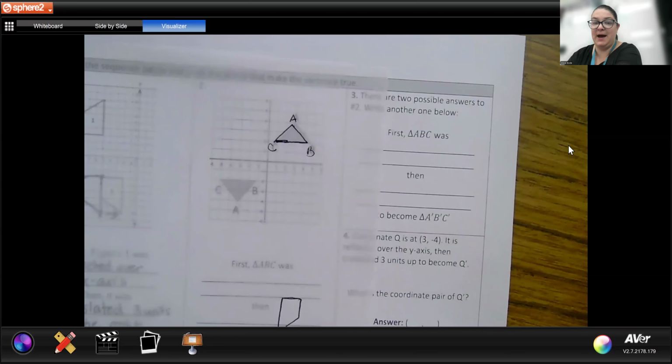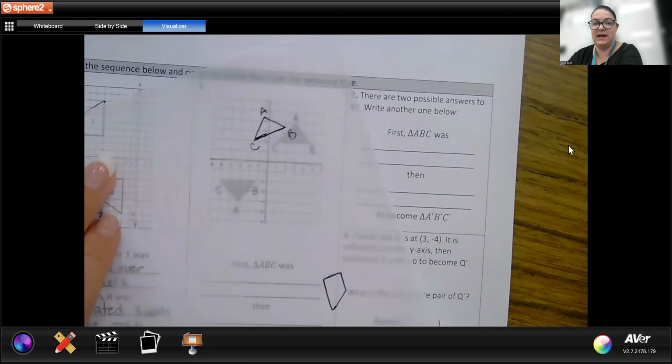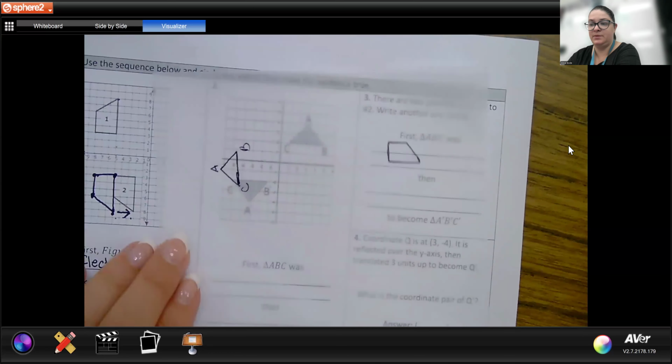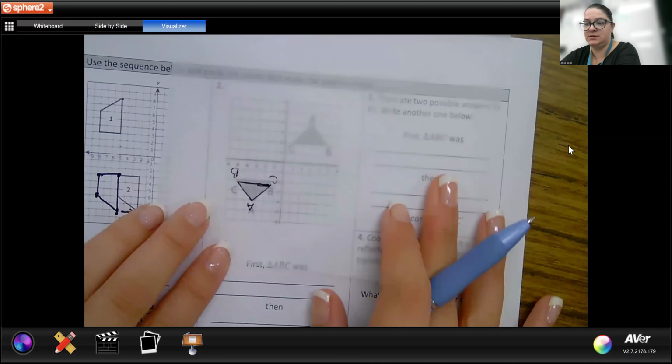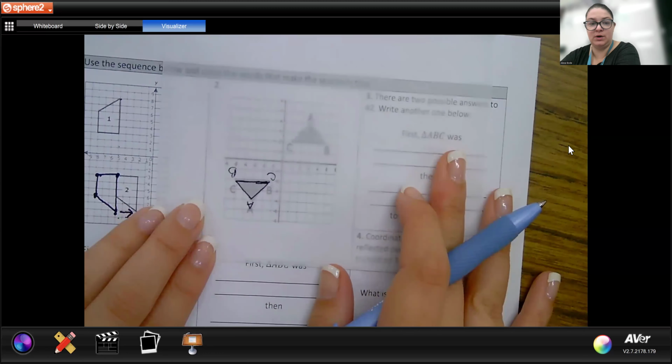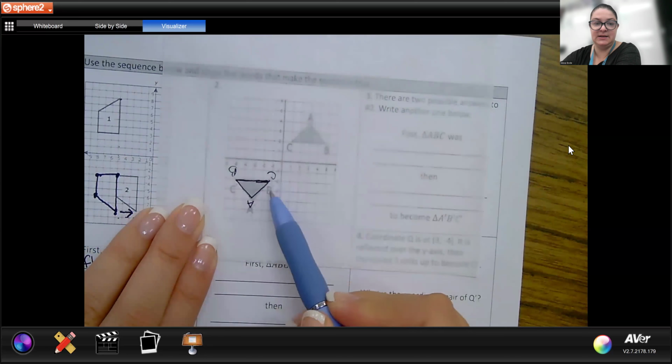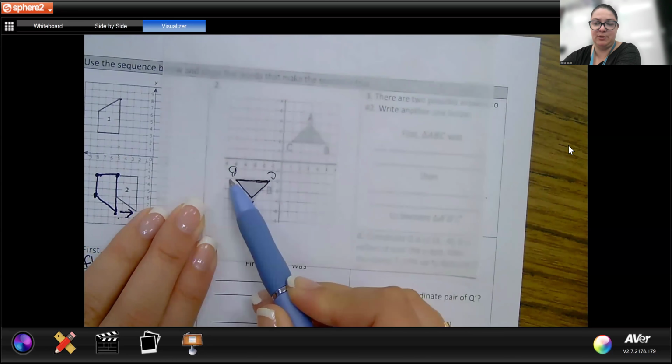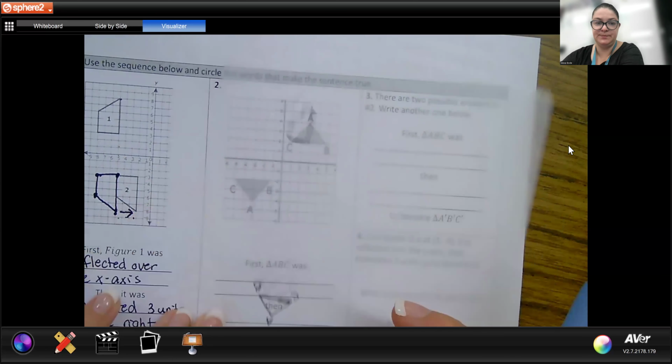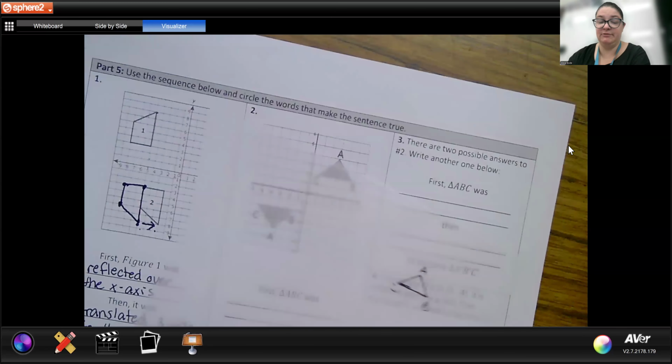Well, if I use my patty paper and rotate it 180 degrees, sure, it matches up, except for the fact that my point C is where B prime is, and my point B is where C prime is. So it is actually not a rotation.